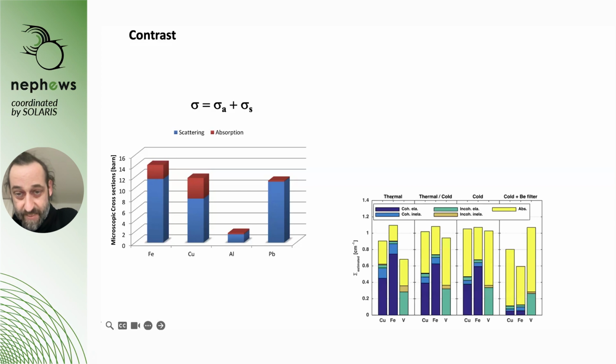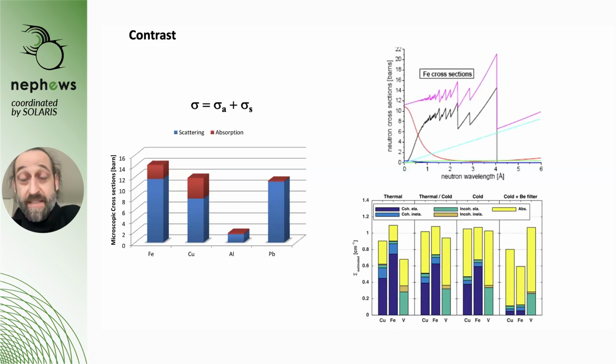attenuation? And you see here, for example, when you use different energies of your neutron beam or different mixes of the spectrum, then these contributions vary. That means there is a strong energy or wavelength dependence there.